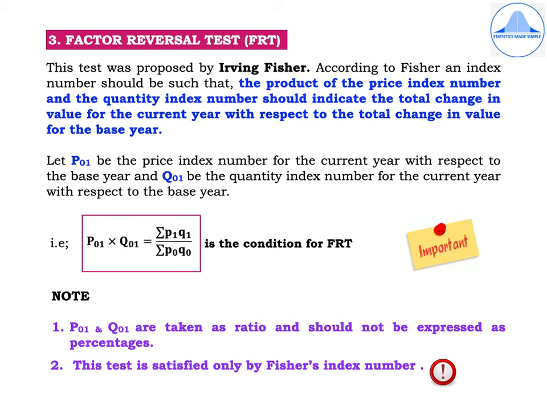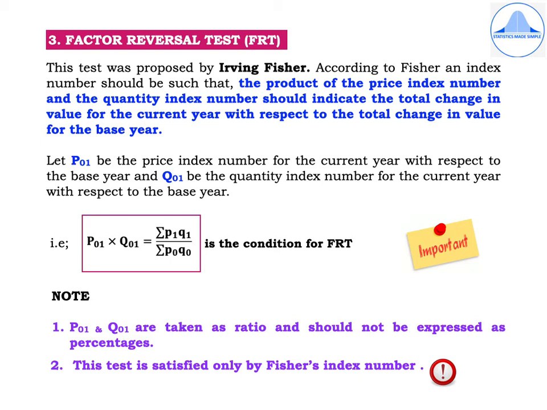That means P01 into Q01. And this should be equal to the total change in value for the current year, that means summation P1 Q1, with respect to the total change in value for the base year, that means divided by summation P0 Q0. So in other words, P01 into Q01 should be equal to summation P1 Q1 divided by summation P0 Q0, and this is a condition for FRT.